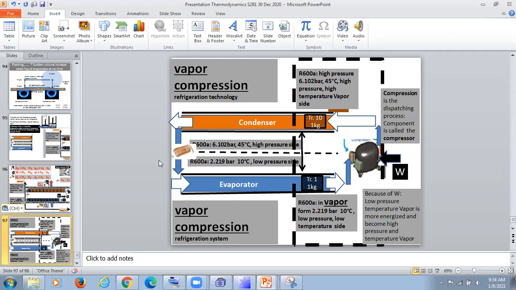And this metering device, or the flow control, let's say you have, is something like a pumping device.